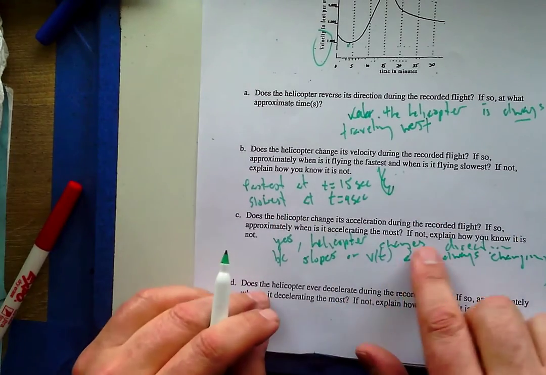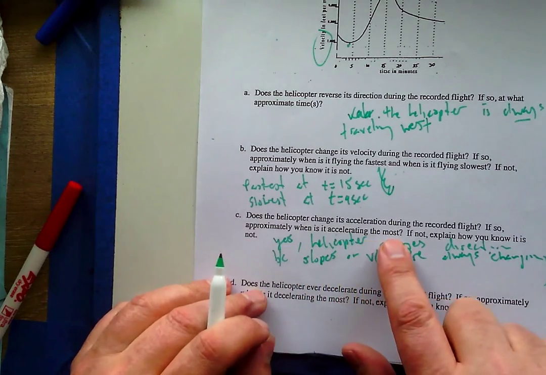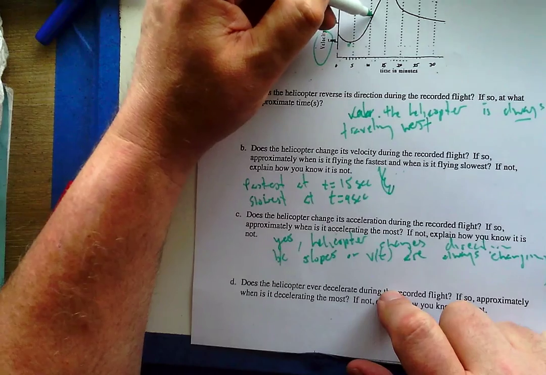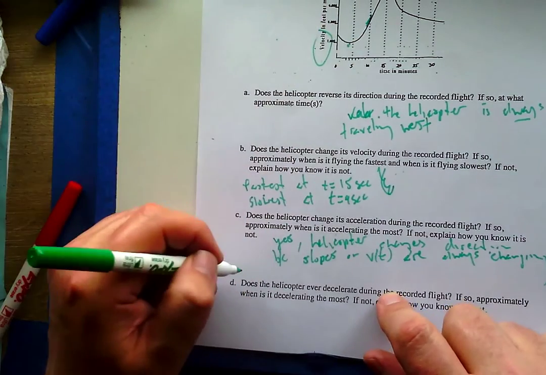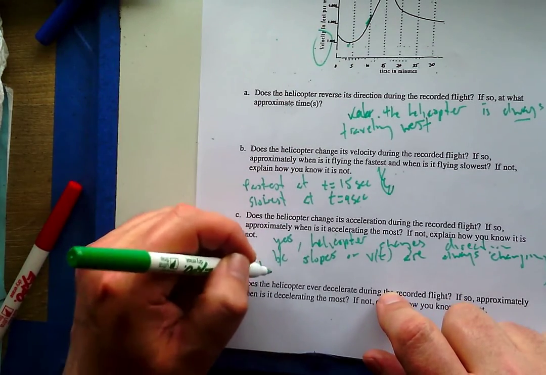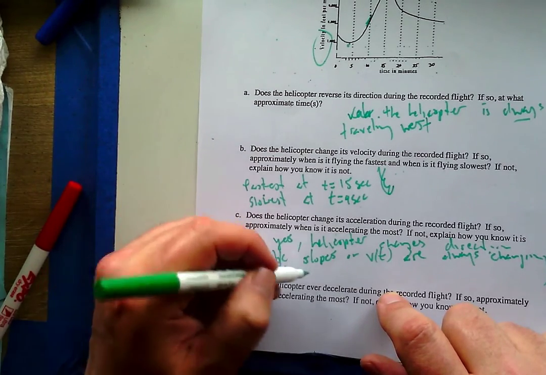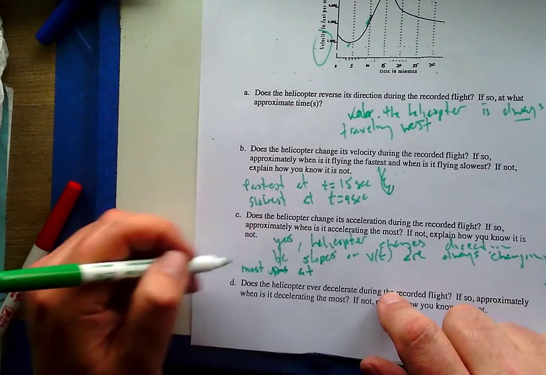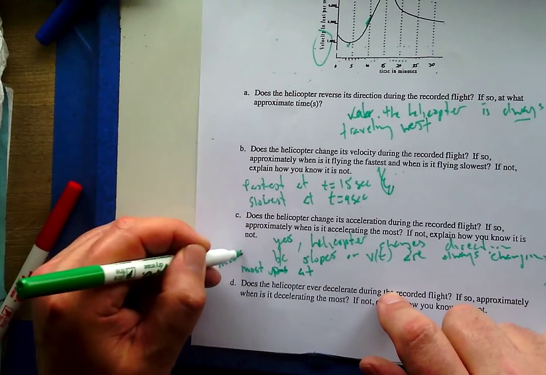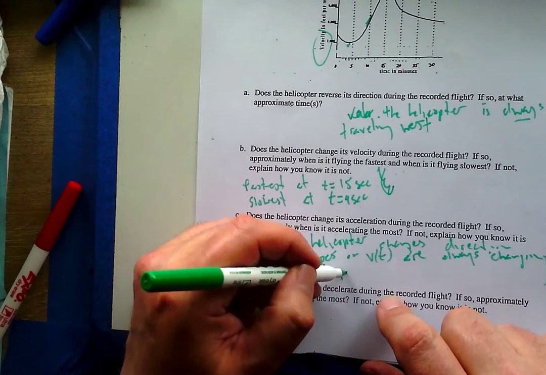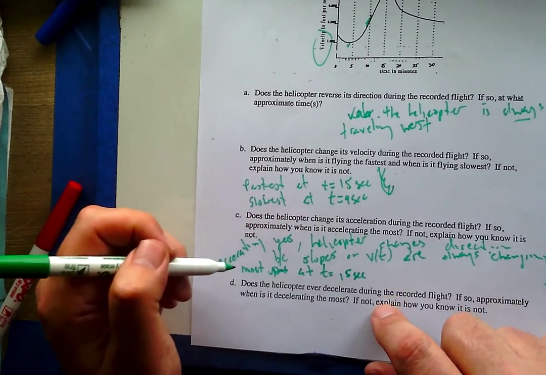Okay, then they said, if so, approximate when it accelerates the most. Well, that's the most steeply positive slope, and that seems to happen most positive, accelerating most at t equals 15 seconds.